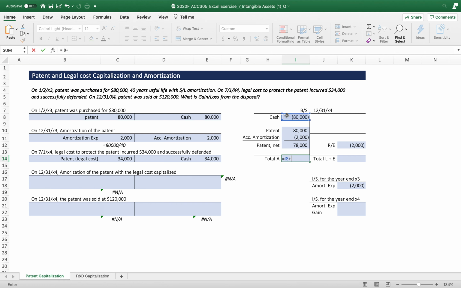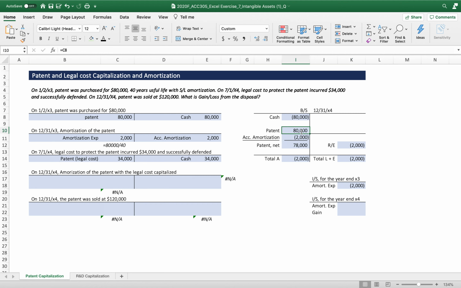Let me check if the balance is right between asset and liability and equity. Good. So at the end of year 3, the net patent is $78,000.